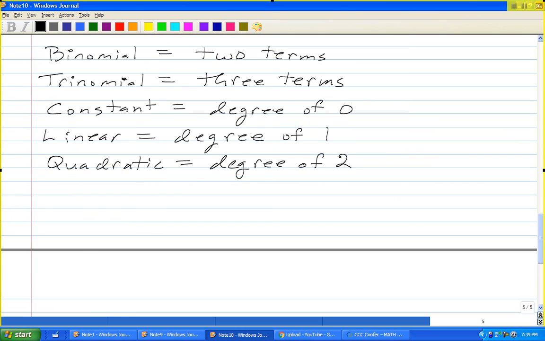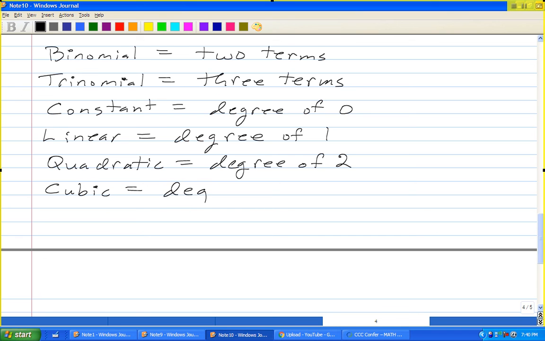A cubic is a polynomial of degree 3. A quartic is a polynomial of degree 4.